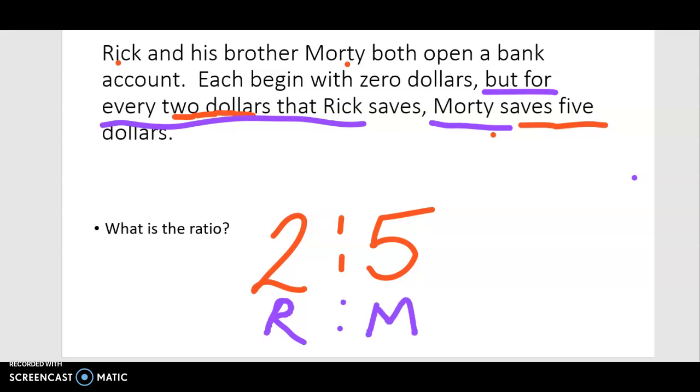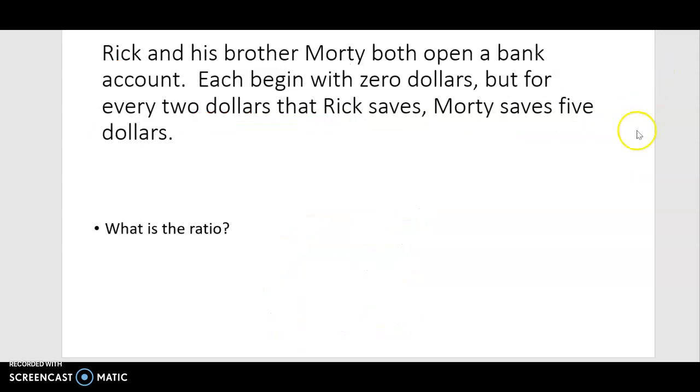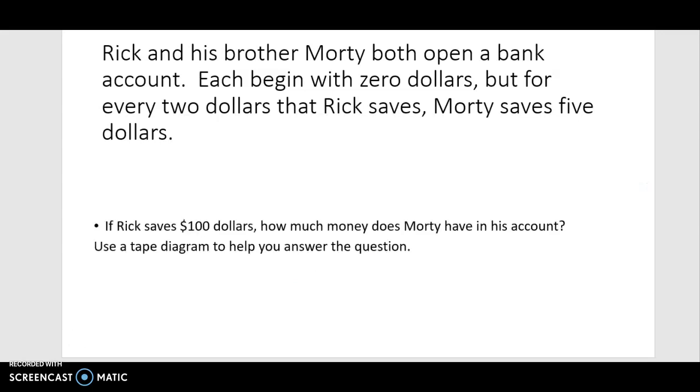Okay, now let's think about it in a different way instead of writing it like this. What if instead we had a tape diagram, or even some manipulatives like little squares, right? So let's say that Rick saves $2.